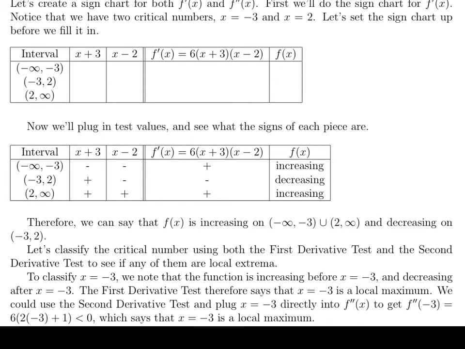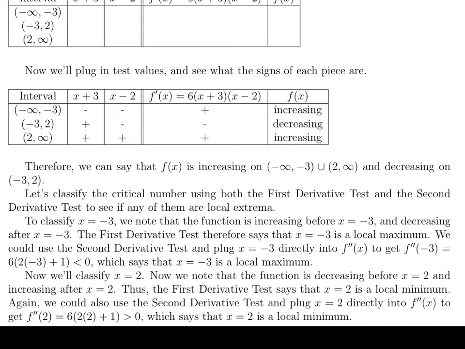Now we can use the second derivative test by plugging in x equals negative 3 directly into f double prime. And what we'll get is this value here. I don't know exactly what that number is, but it doesn't really matter. What matters is that it's negative. And then the second derivative test tells us that x equals negative 3 is a local maximum.